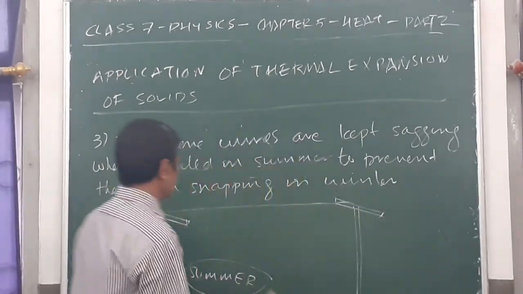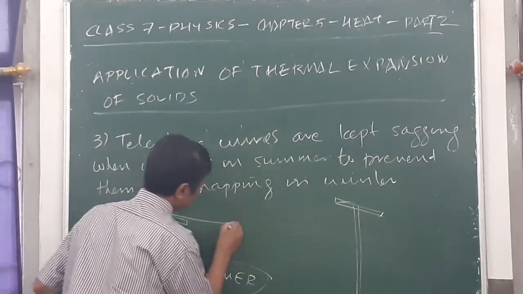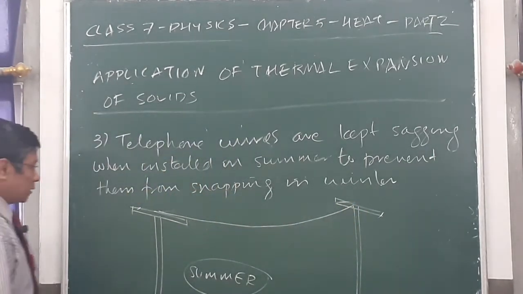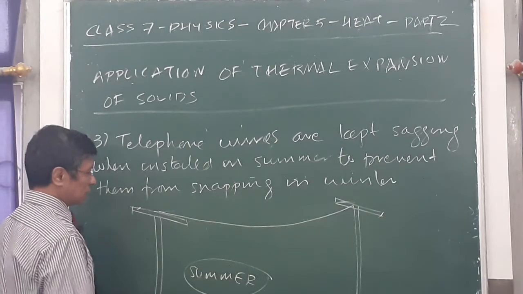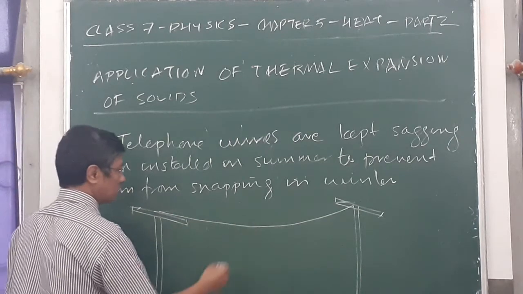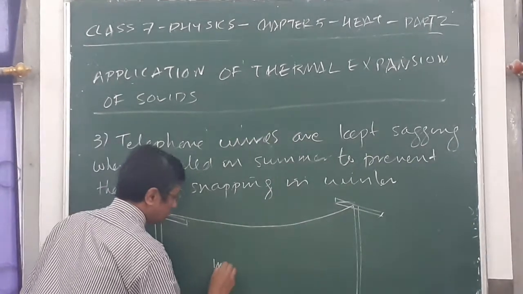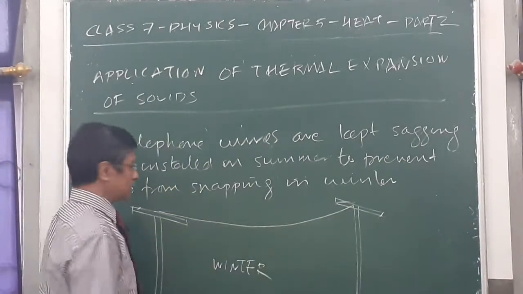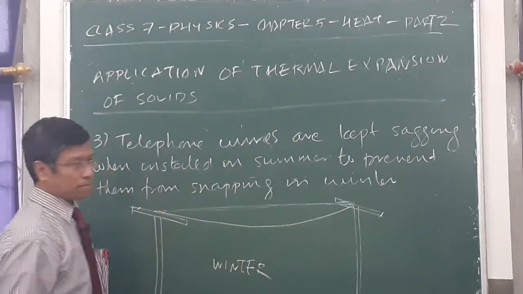What you do is you allow it some slack and you allow the wire to hang a little loose from one end to the other end if you are installing in the summer, because during the winter months, this wire cools down and contracts, and you will find that the same wire which was sagging during the summer season would have become tight between the poles.